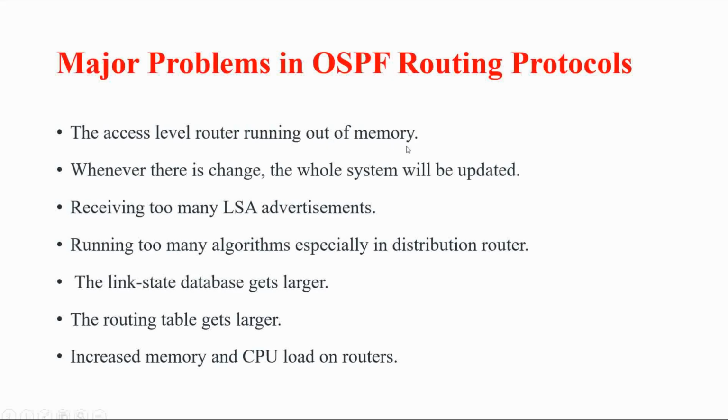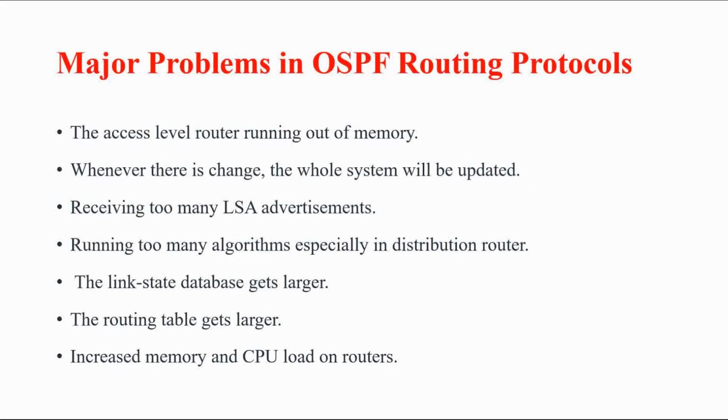Especially if we are using a single area, our access level routers run out of memory, so we need large space and large memory. This is one major problem in OSPF. And the second one: whenever there is a change, the whole system will be updated, or the whole router will be updated.